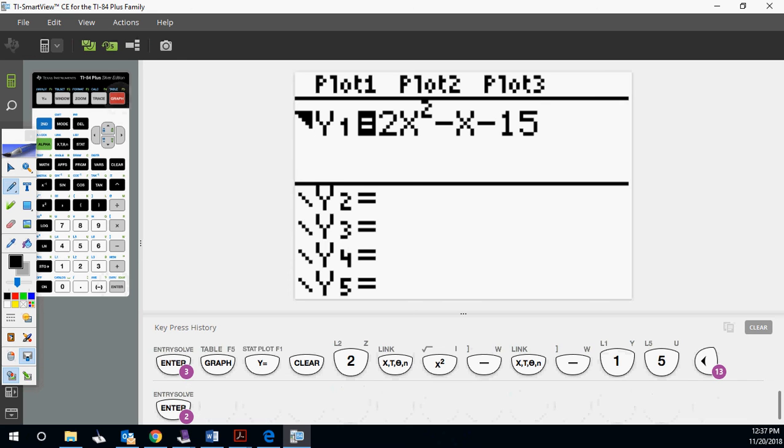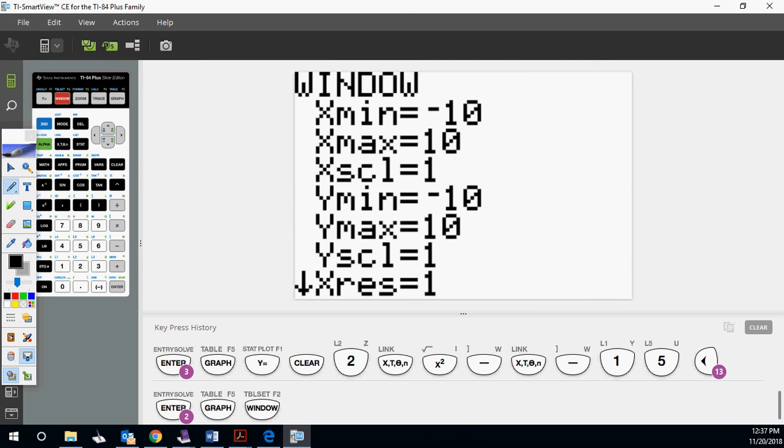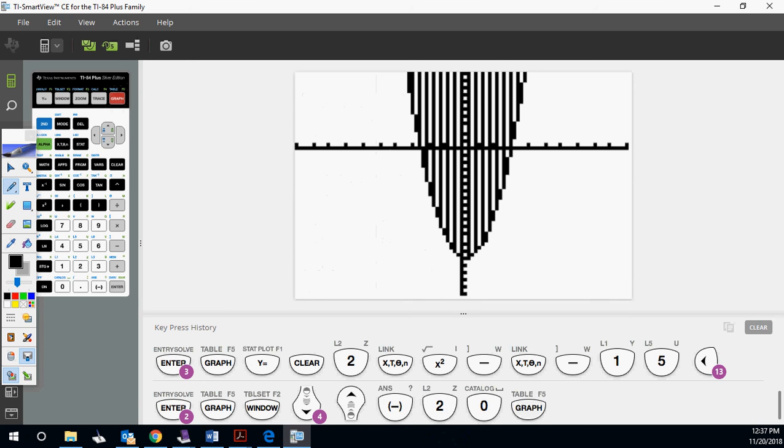There it is. So it's filled inside the parabola. I want to make my window at least down to 15, so we'll go down to 20 for y-min. And so now I can see pretty much the whole shape there. So that's all this is about. This is very short today. We are done.